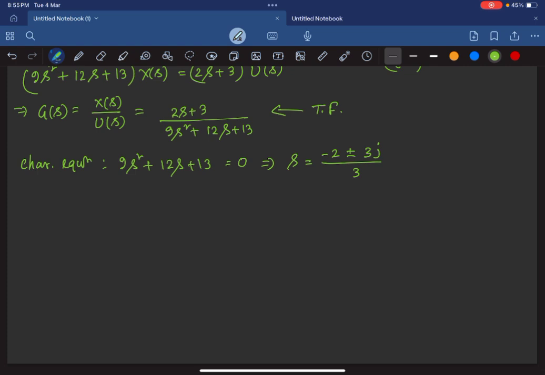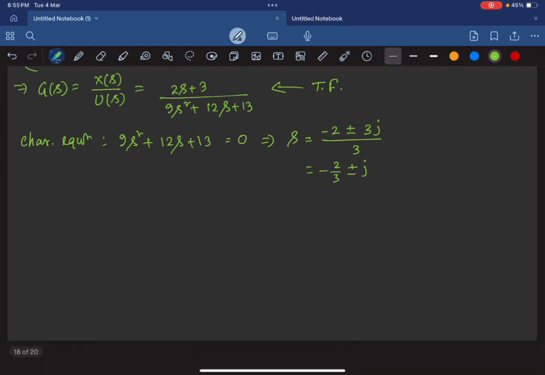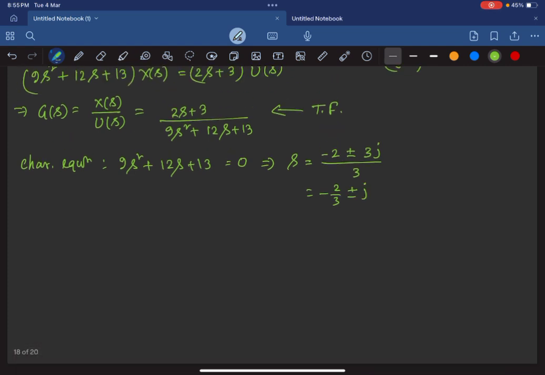Here j has the same meaning as i equals square root of minus 1, but because you are dealing with the s plane, that's why we are writing j. Now minus 2 by 3 plus minus j. These values of s are nothing but the poles.